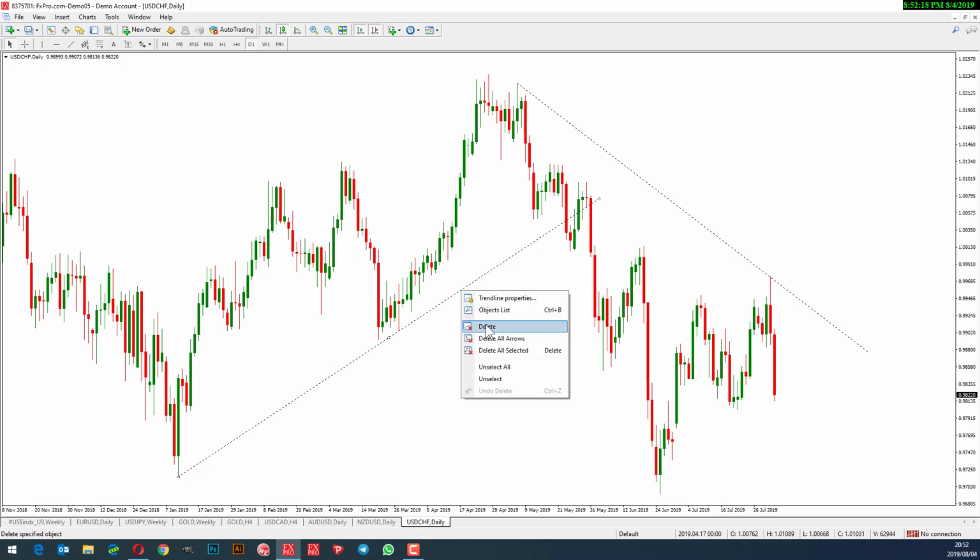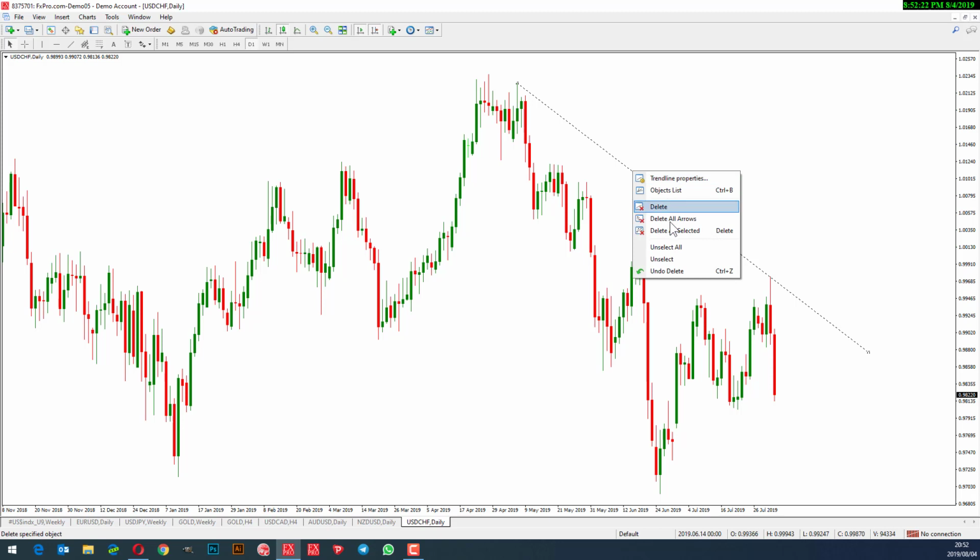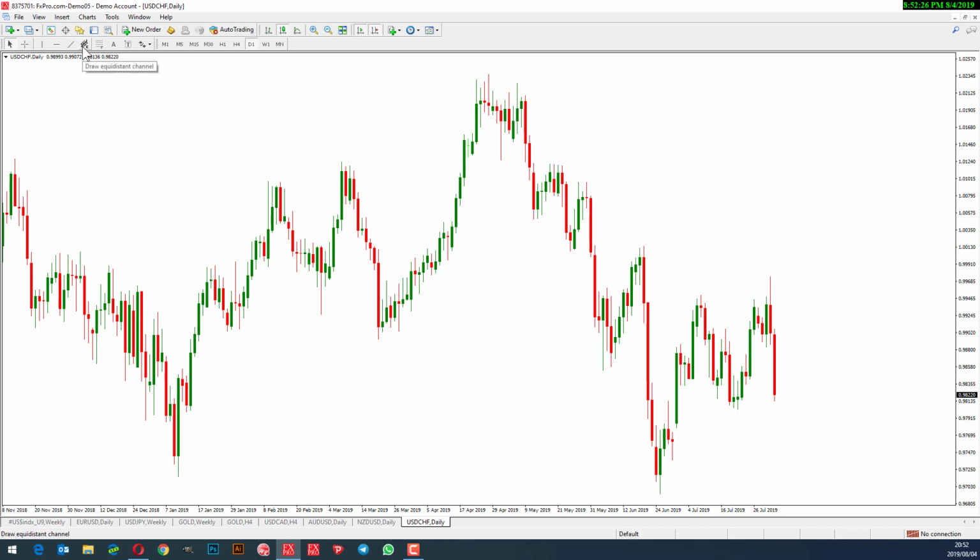And then next we've got the equidistant channel. This is an advanced trend line too, whereby you can draw two trend lines that are equal from each other.